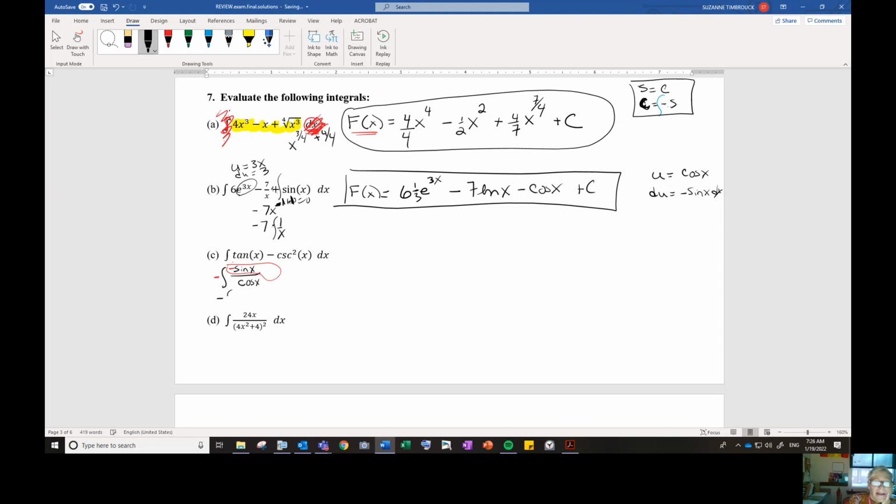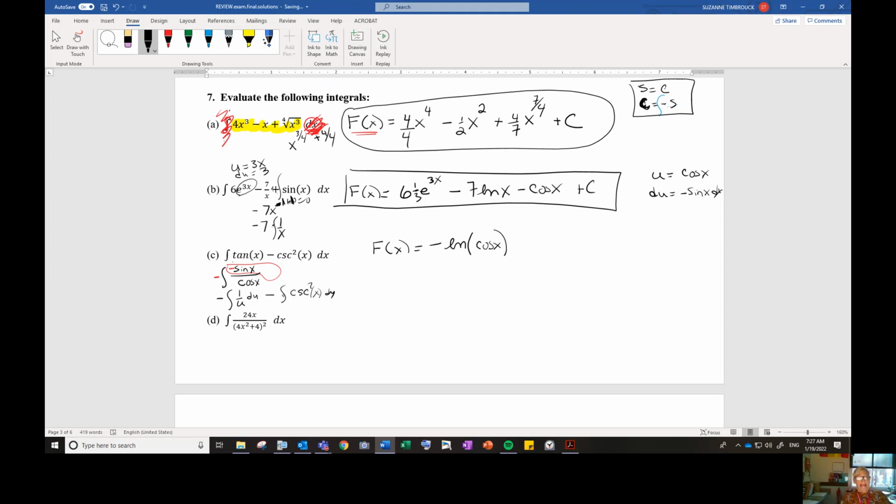So I have negative the integral of 1 over u du minus the integral of cosecant squared. So I have negative the integral of 1 over u is the ln of u, and we said u was cosine x.